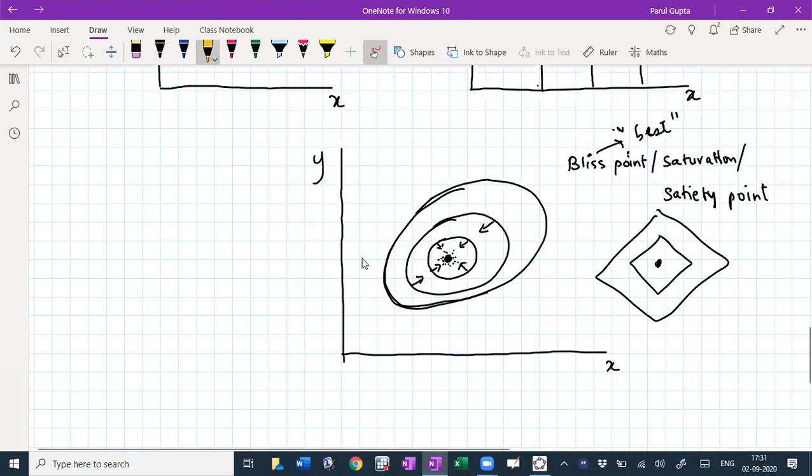The reasoning behind this kind of a bliss point is, in a way, something we have already discussed. In some ways, the excess consumption of anything can sometimes be called a bad. If you are consuming chocolates too much, then at some level you'll just get sick of it.